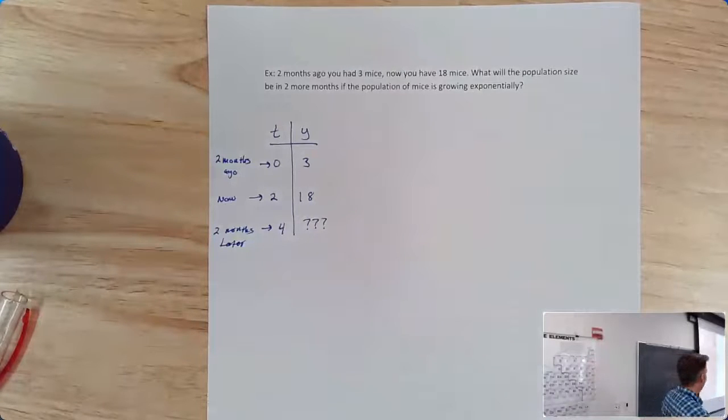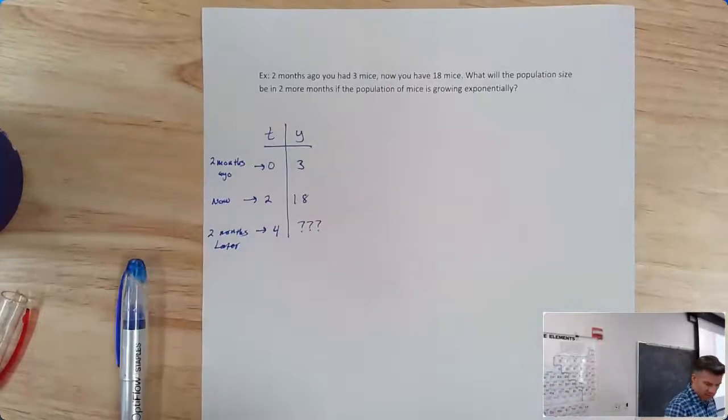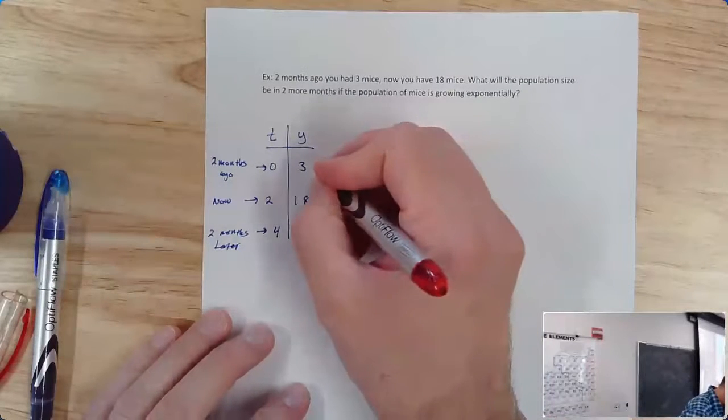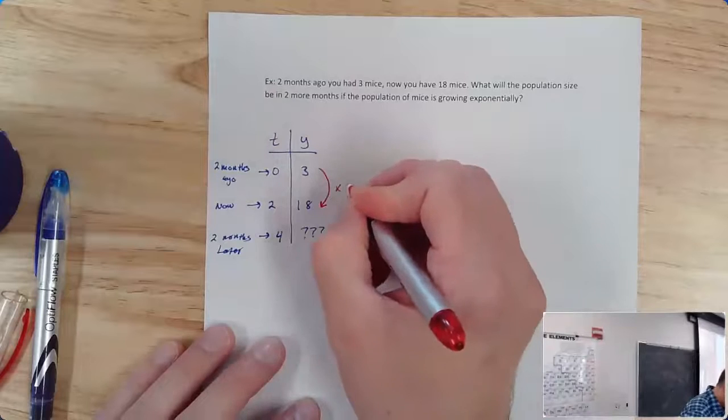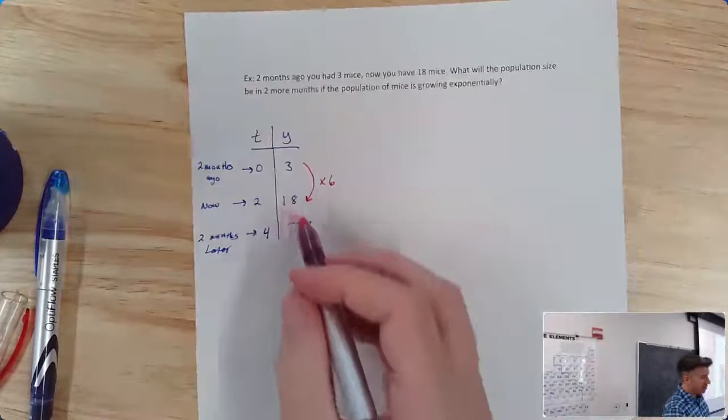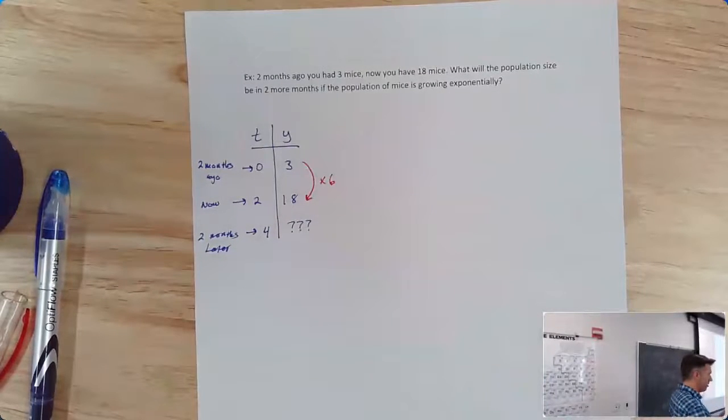Now here's the thing I said before, which I want to say more strongly. In the 2-month period, what's the population getting multiplied by? 6. In another 2-month period, we're going to expect the population to multiply by the same factor.